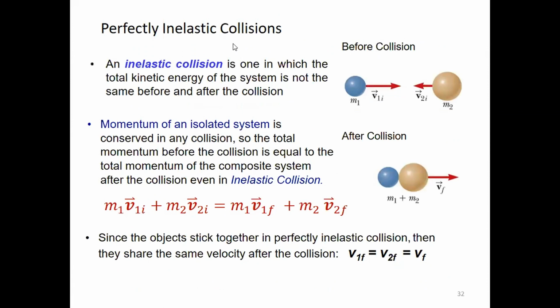So if we first of all talk about the inelastic collision, the one in which the total kinetic energy of the system is not the same before and after collision. Such a collision is shown here for the two masses m1 and m2 with the velocities v1I and v2I, the initial velocities of both objects, and after the collision, they become attached.